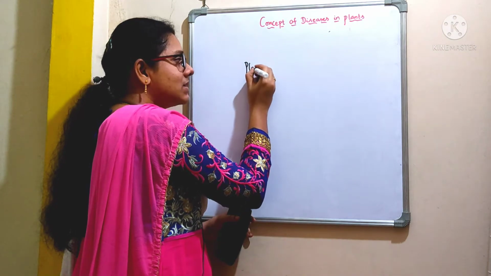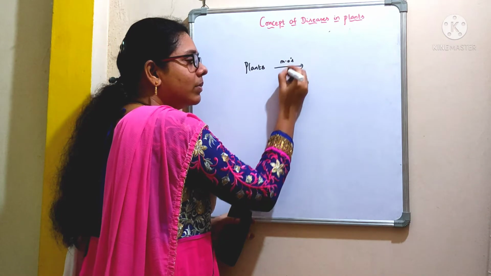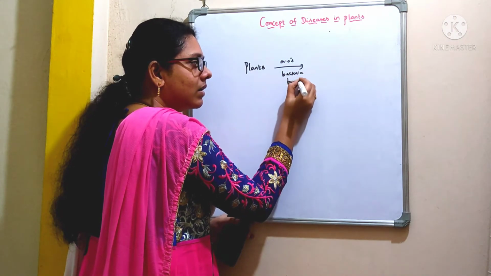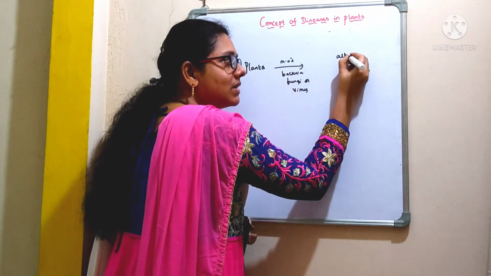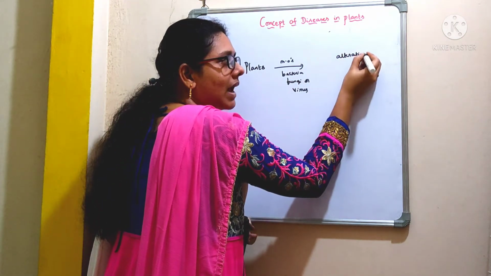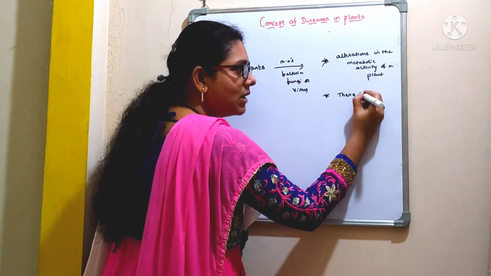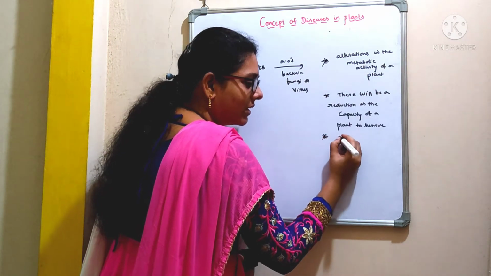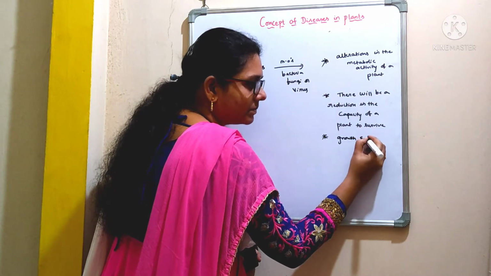When plants are infected by microorganisms, whether bacteria, fungi or virus, there will be alterations in the metabolic activity of the plant. There will be a reduction in the capacity of the plant to survive. Moreover, the growth and the productivity of the plant are affected.